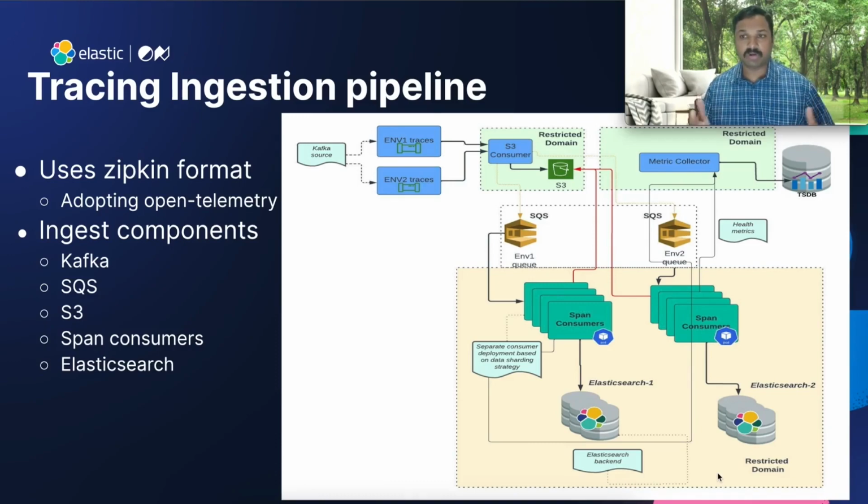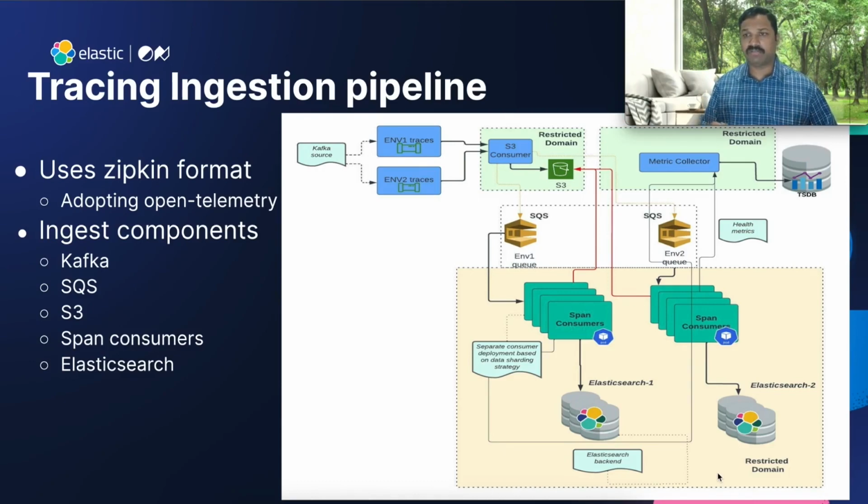Coming on to this particular slide and this particular diagram, this is actually our backend tracer ingestion pipeline architecture, wherein we start consuming our traces from a Kafka source. The way the traces get captured on the Kafka source is via user applications and infrastructure applications like Service Mesh, emitting traces onto an endpoint, which is region local, and that particular endpoint service writes onto a Kafka destination.